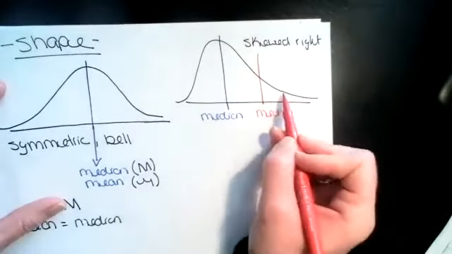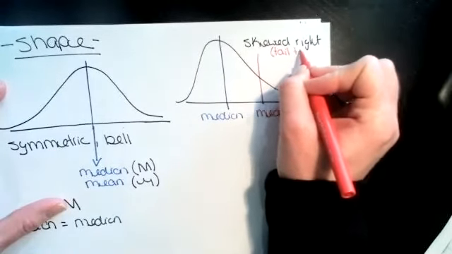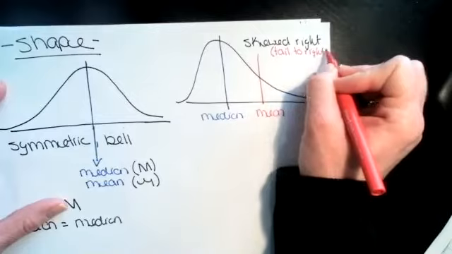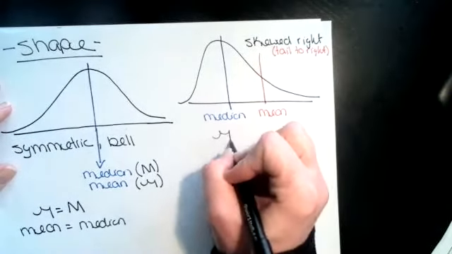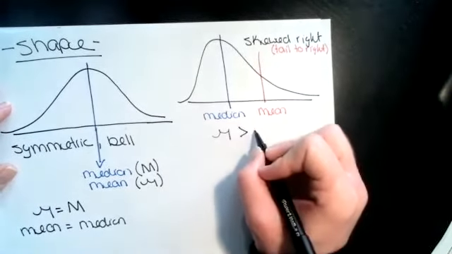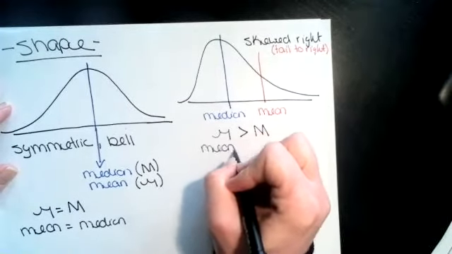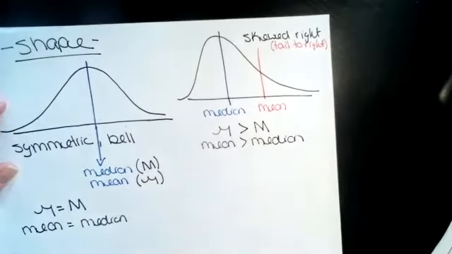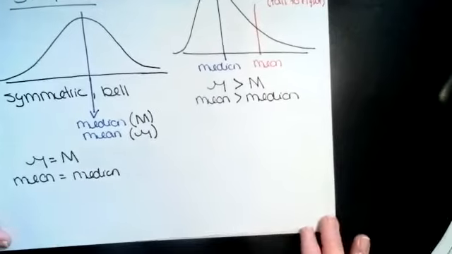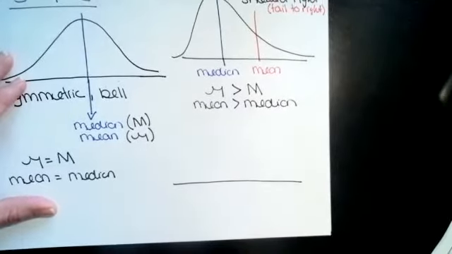So skewed right means I have a tail to the right. So what we're looking at here is that the mean is greater than the median, to the right of the median. I'm going to ask you this on the assignment on Friday too.